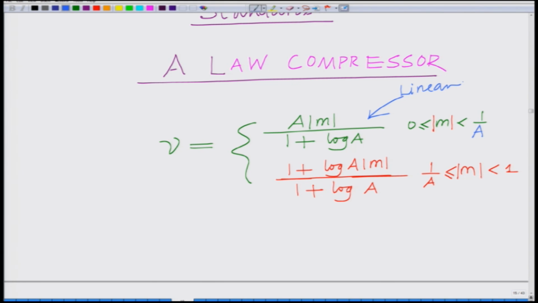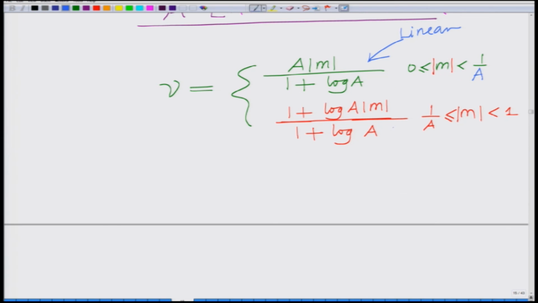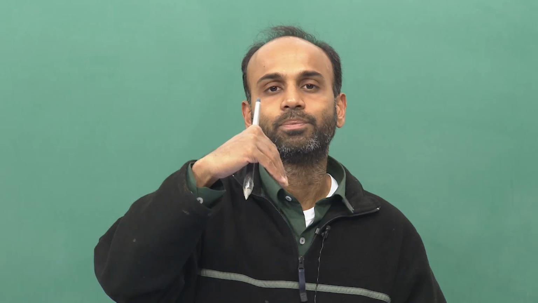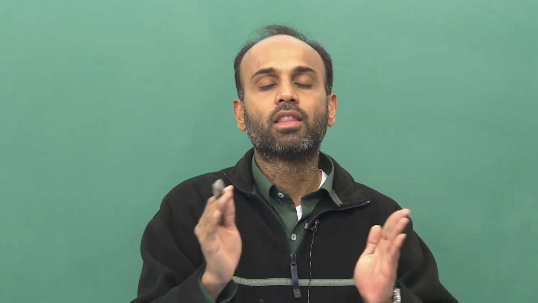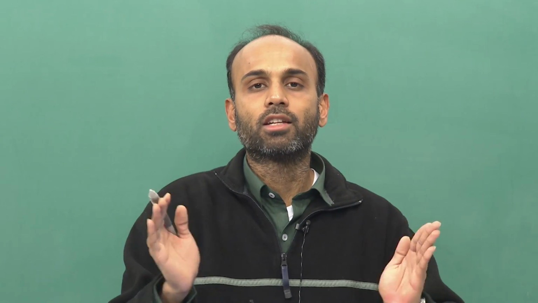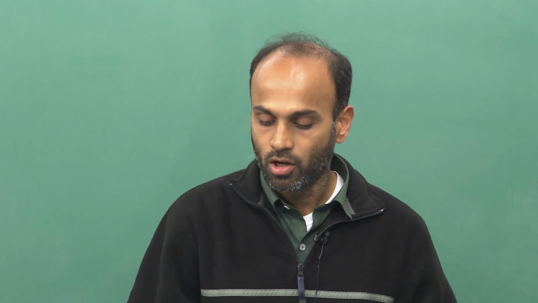After a certain threshold, that is 1 over A, it is logarithmic or concave. So, we have a linearly increasing compander for a certain portion, and then it starts becoming concave, that is where things start to be compressed, that is the larger amplitude region is progressively shrunk. If you plot this, it looks something like this.